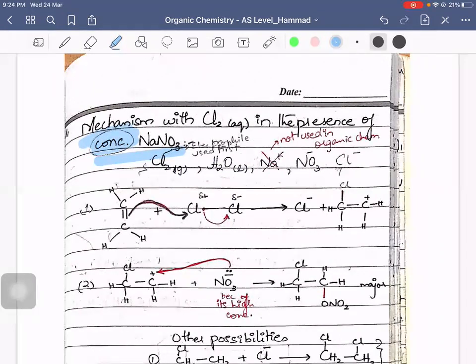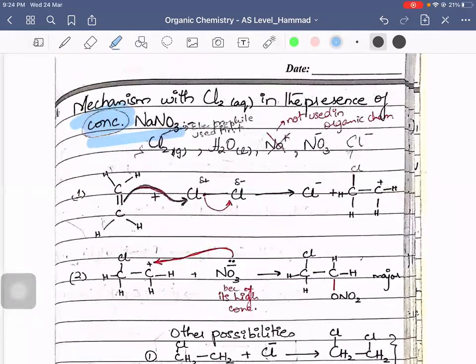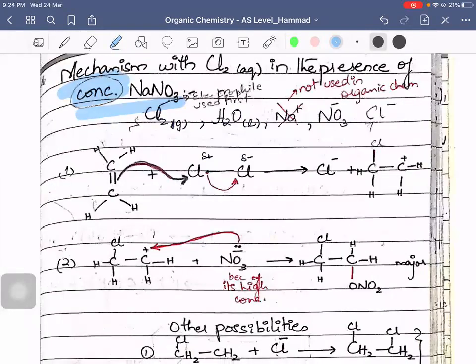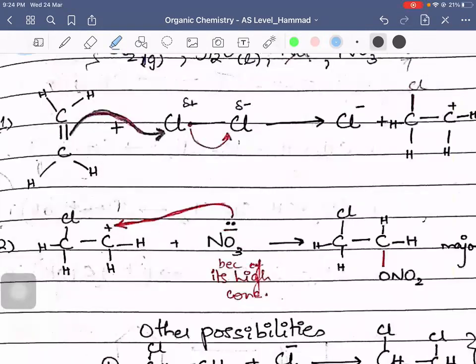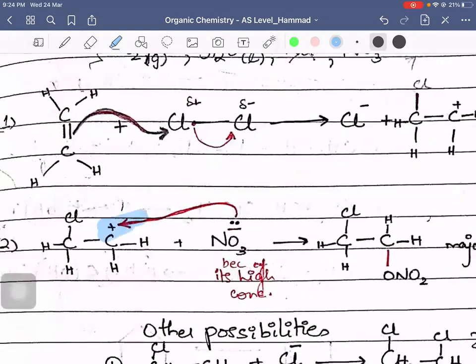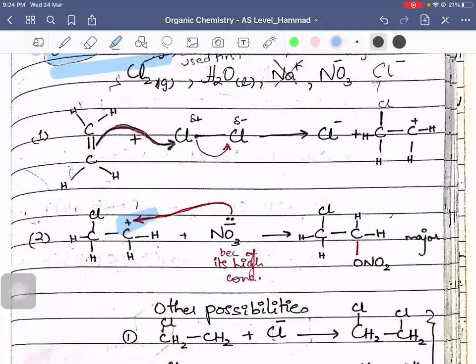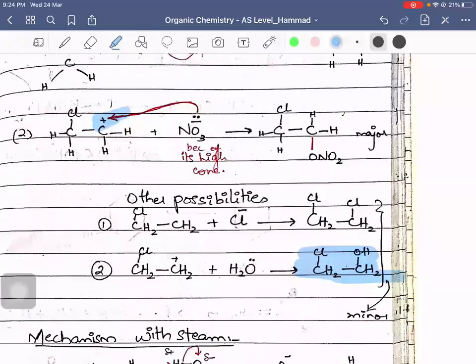It will attack the remaining molecule because of its high concentration. In this case, there are other possibilities as well, again because there are a large number of molecules present and not just one or two. This will be in major quantities, whereas the other possibilities will be in minor amounts.